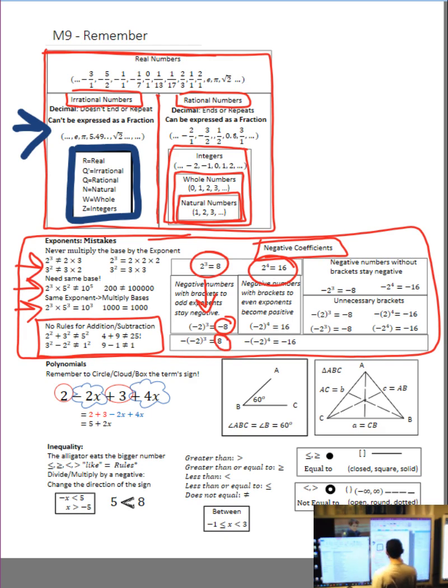Off to the right, taking that example, putting a negative 2 and keeping it, we have an even exponent, so it becomes positive. If we put a negative in front of that, it becomes negative.